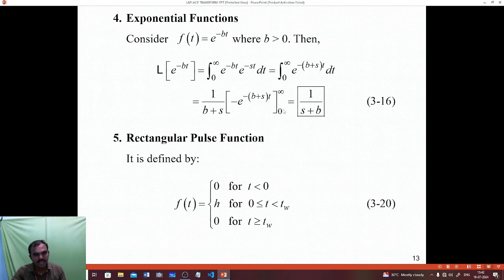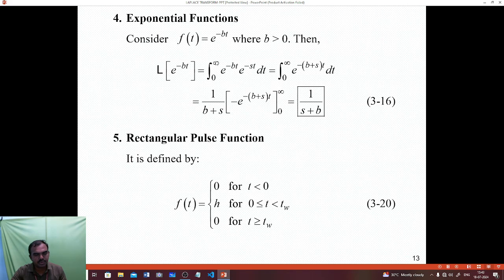Then minus the lower limit: replace t with 0, e power 0 is 1. So the upper limit minus the lower limit, minus and minus gives plus. So our answer is 1 by s plus p.